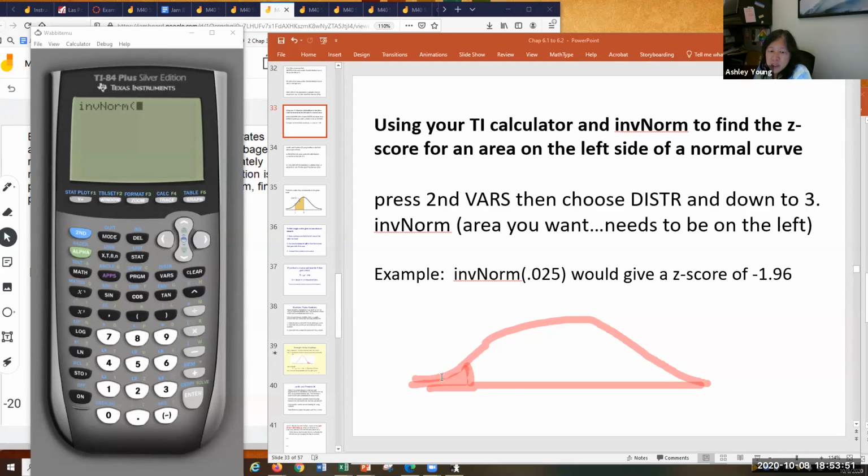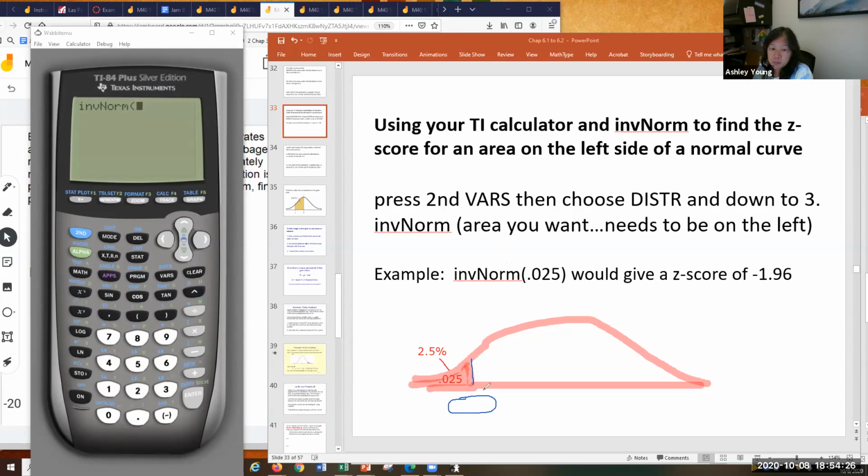So my area right inside of here is 0.025, 2.5%. And I want to know what the z-score is such that 2.5% of the population is less than it.